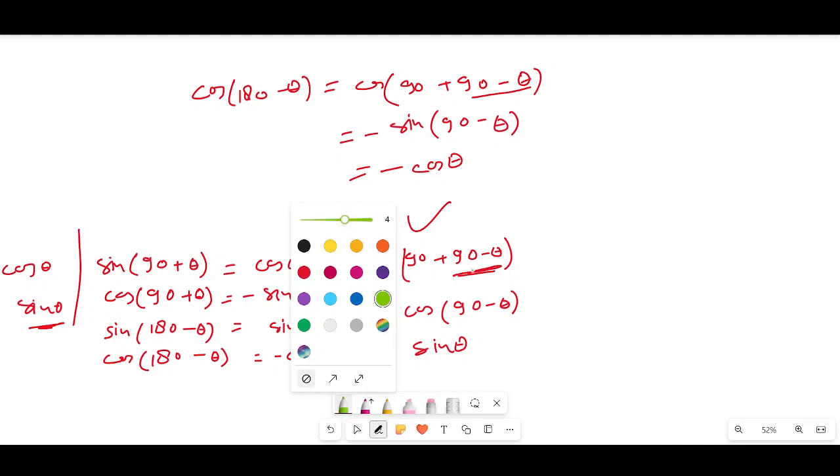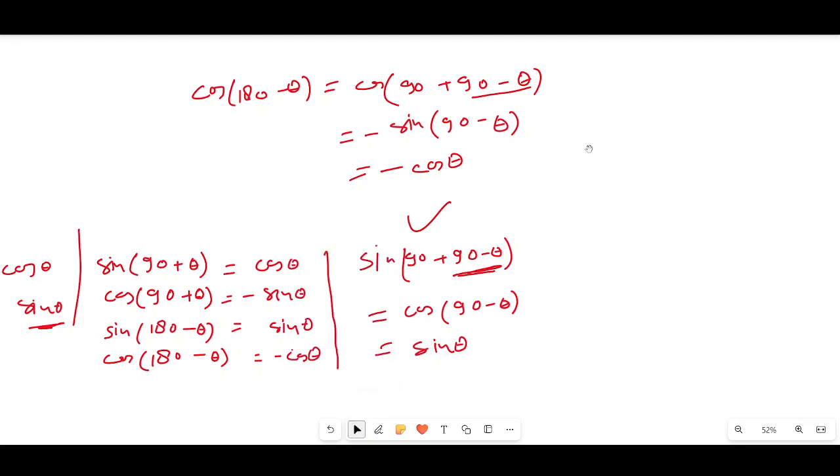Now suppose here we will write the same things. Sine of 90 plus 90, that means 2 times 90, minus theta, what is the value of this?